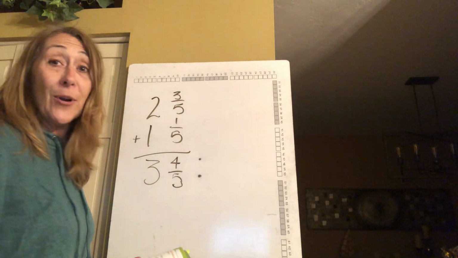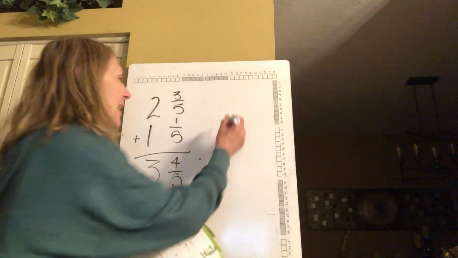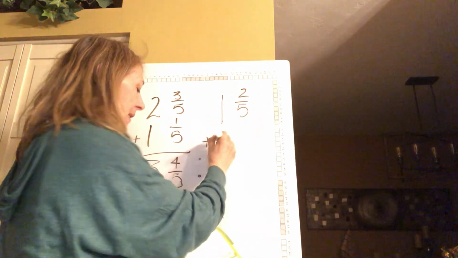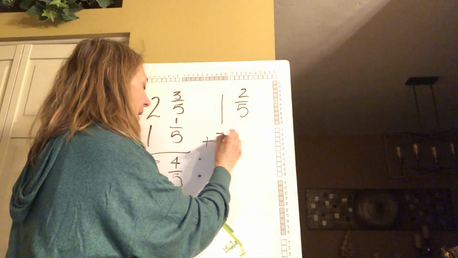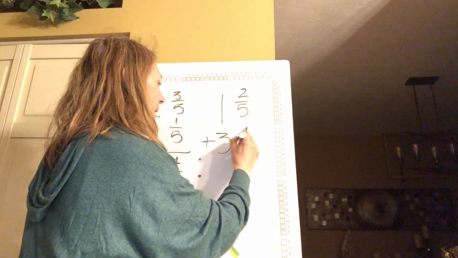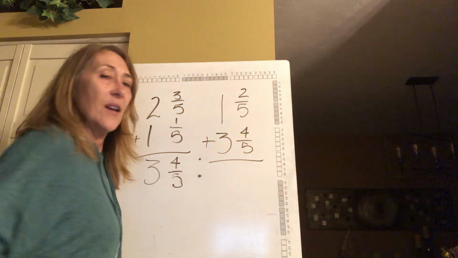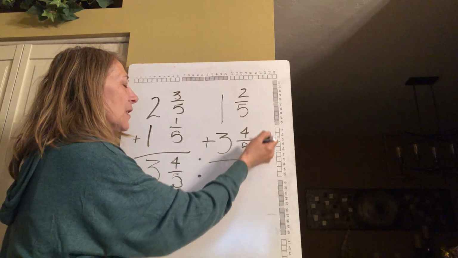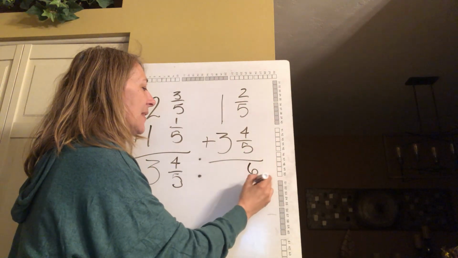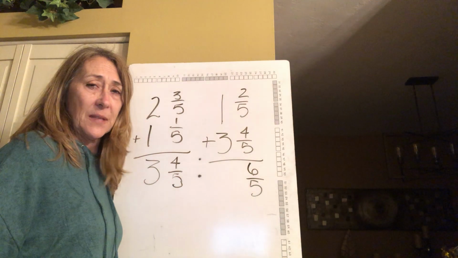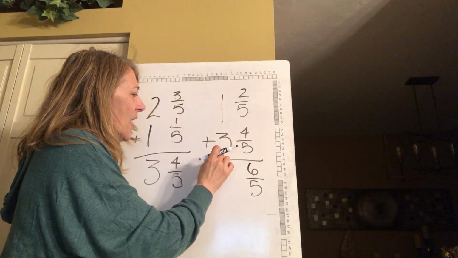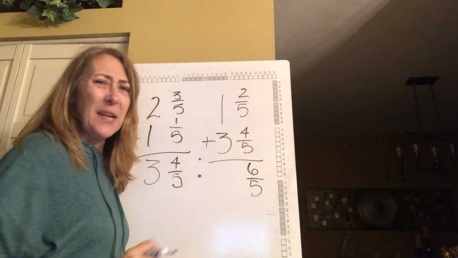Let's look at number 8. Number 8 is 1 2/5 plus 3 4/5. Remember, we add the fractional pieces first. 2/5 plus 4/5. That's 6/5. Then I'm going to add, wait a minute, 6/5.